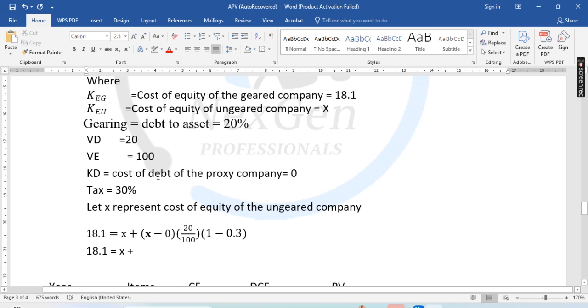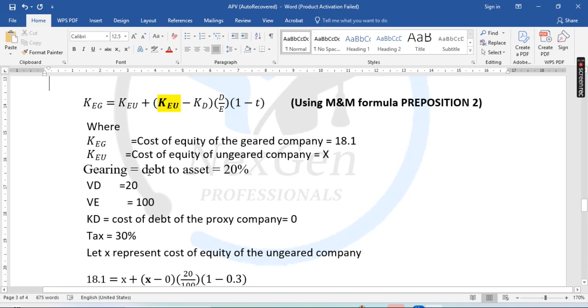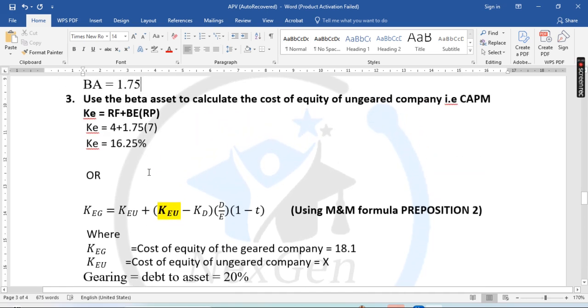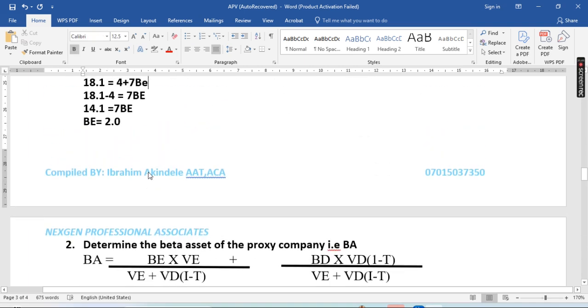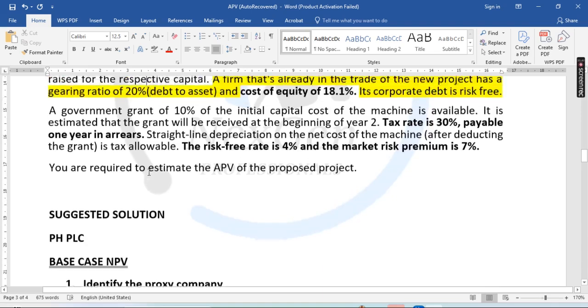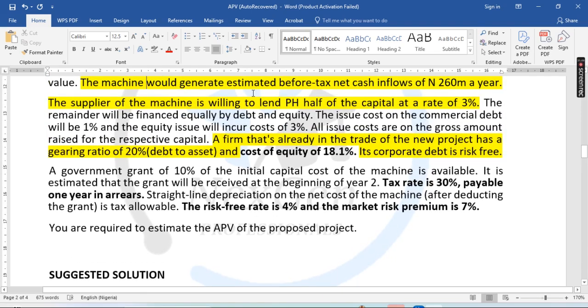The cost of debt of the proxy company. In this question, cost of debt is not given to us. Is it given? It's not given to us. I'm looking at something. The cost of debt of the proxy company is not given to us, right? The issue cost on the commercial debt is this. Okay.